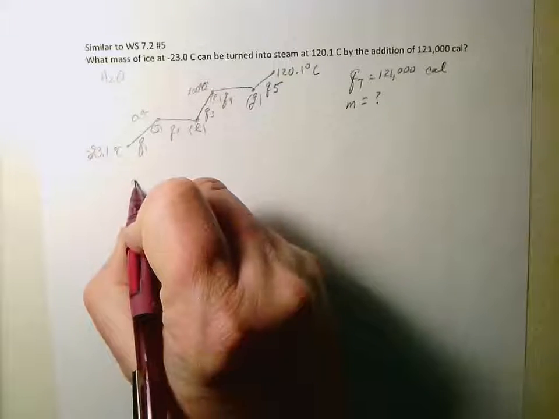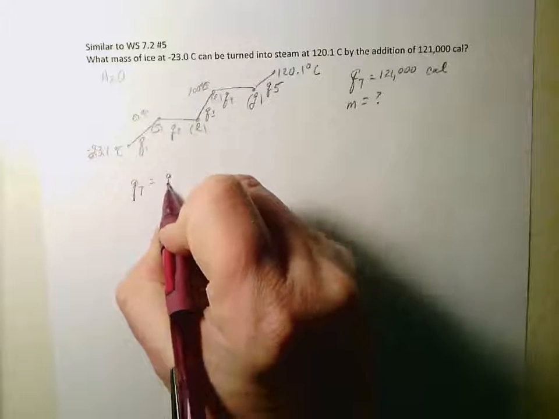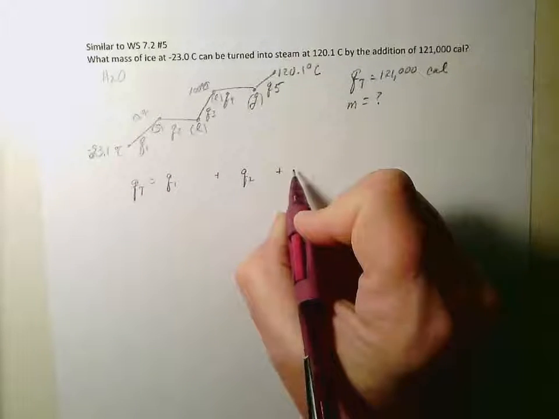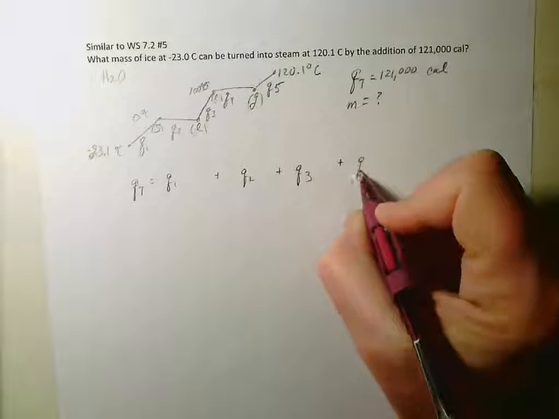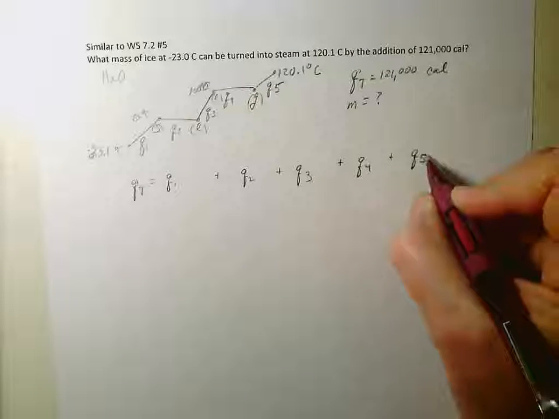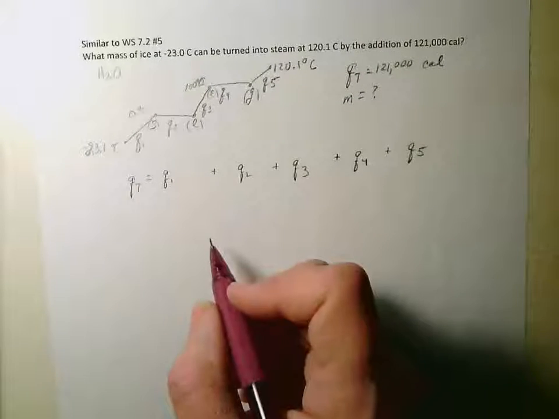So Q total is going to equal Q1 plus Q2 plus Q3 plus Q4 plus Q5. So how are we going to do this?